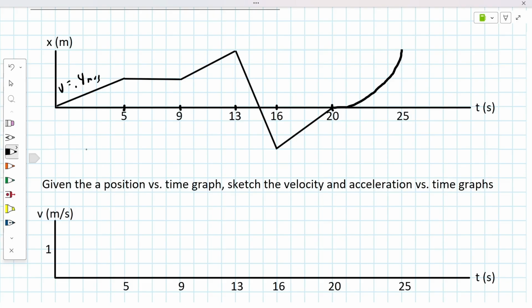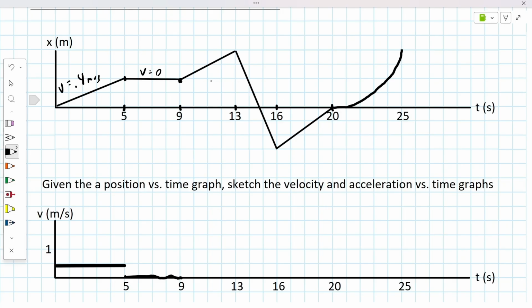Since it's constant throughout this entire interval, we can just draw a straight line, somewhere around right here, a constant line at 0.4. Then for this one, since the slope is 0 between these 2 points, the velocity will be equal to 0. So this will just be a straight line down here, like that.